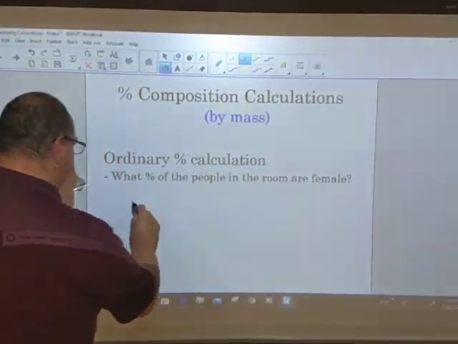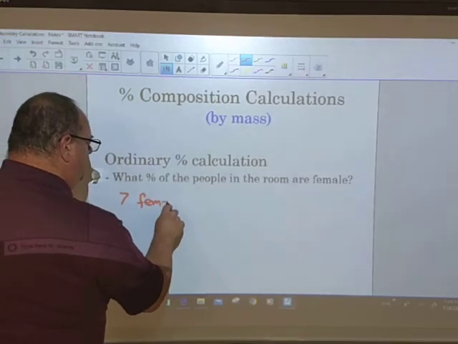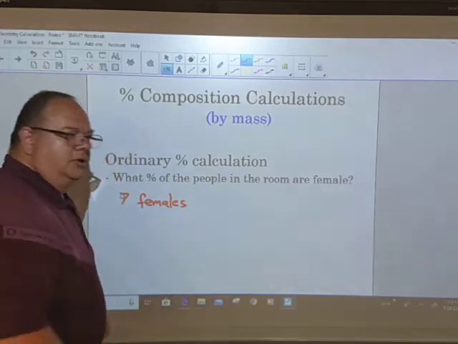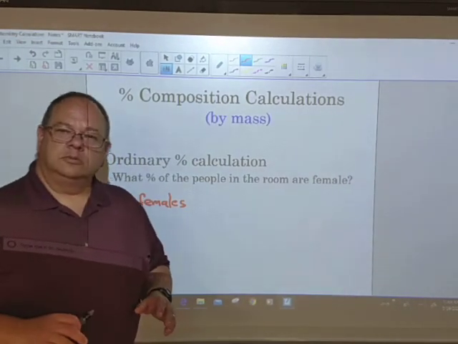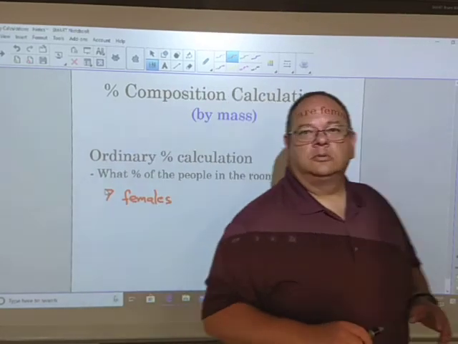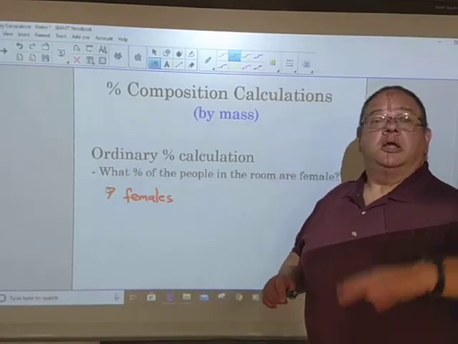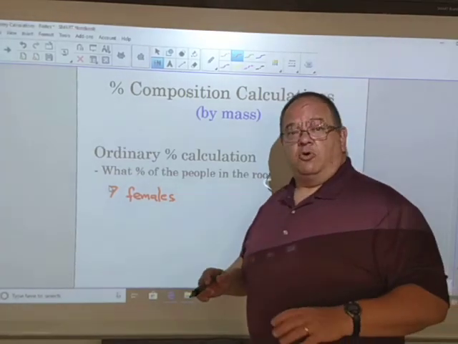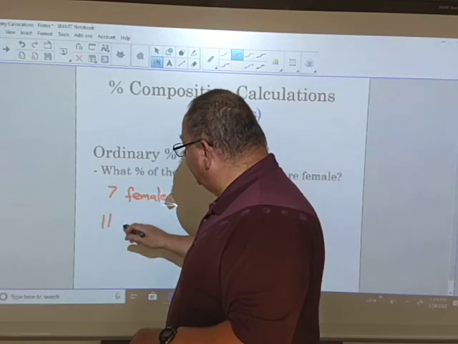Looks like 7 females. What else do I need to know? Connor, what do you got? Yeah, you're right. I need to know how many total people there are. So let's say in our room we have 11 people.